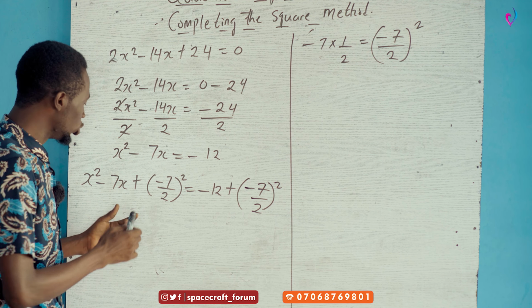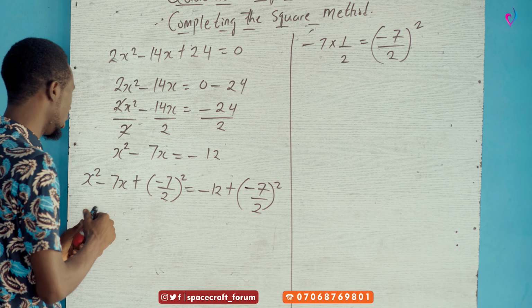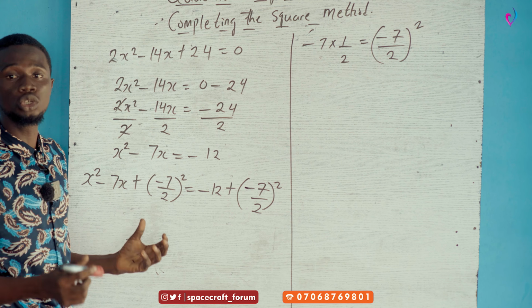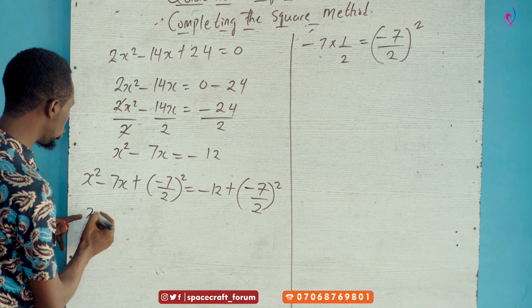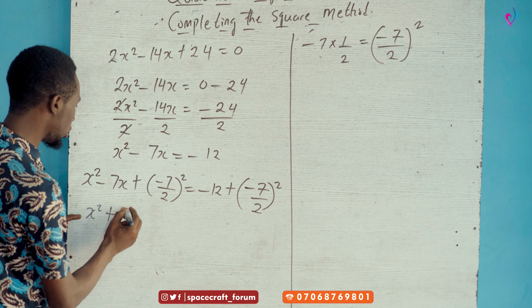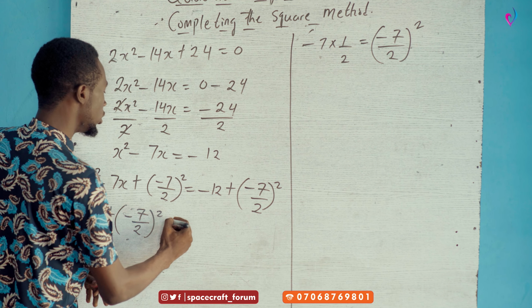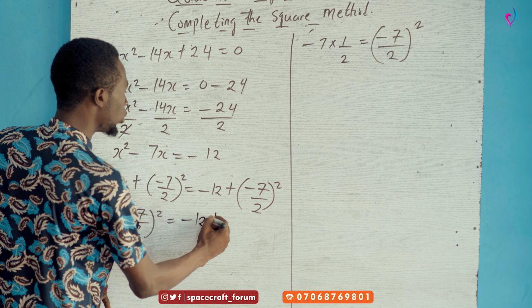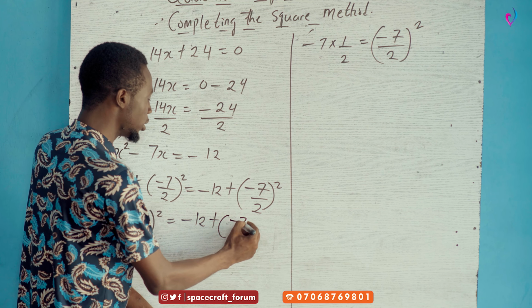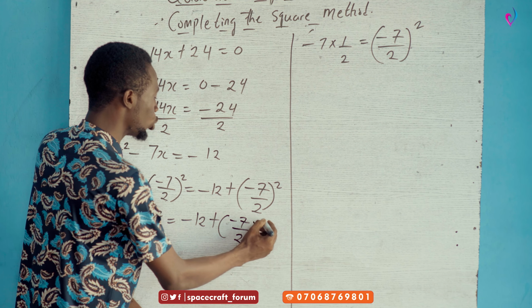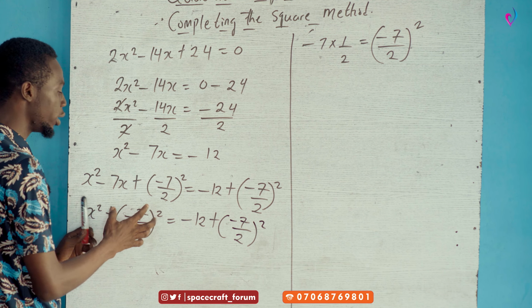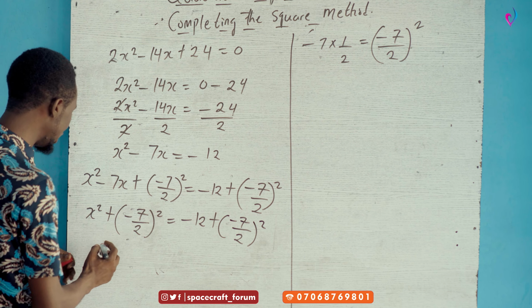The next step is you have to neglect this minus 7 here. Let's neglect it because we are not going to work on it. We have x squared plus open bracket minus 7 divided by 2 all squared is equal to minus 12 plus open bracket minus 7 divided by 2 all squared. You can see that the x is common here, so we can easily bring this inside the bracket.